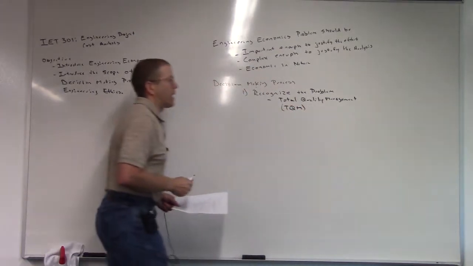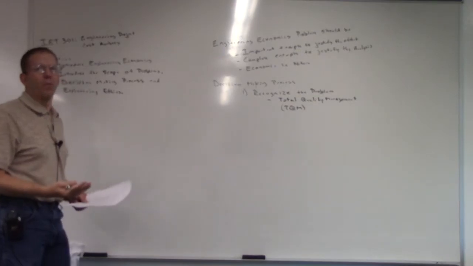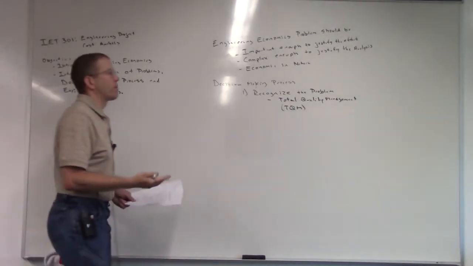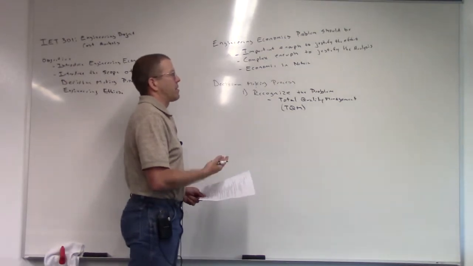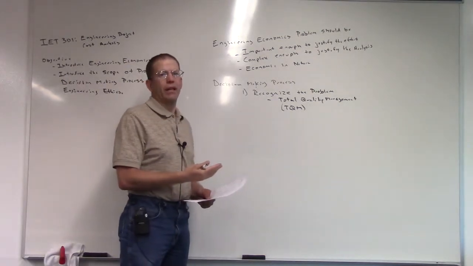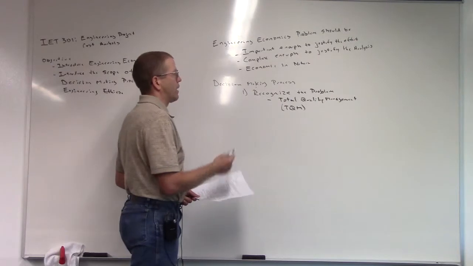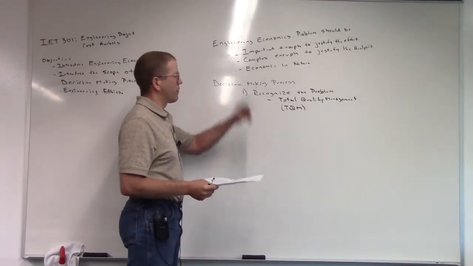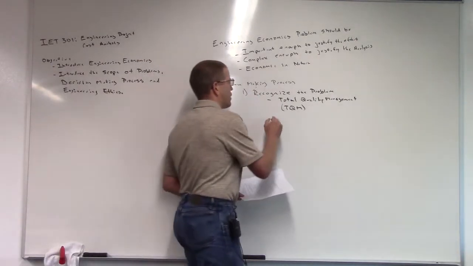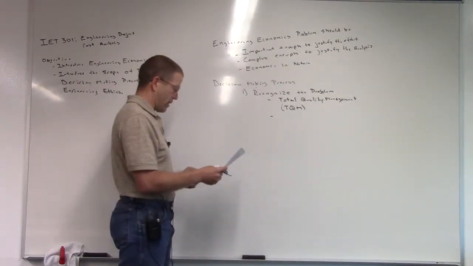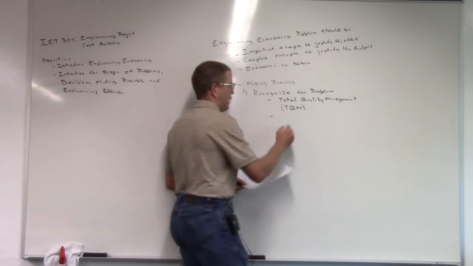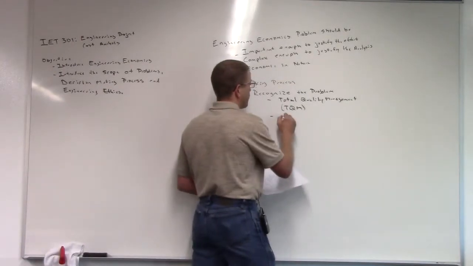This total quality management is just a way that they can go through and review a process or a product or production line and determine if a problem is present, and if so, they can recognize the problem and follow through the rest of the decision-making process to address that problem. The other is continuous process improvement.